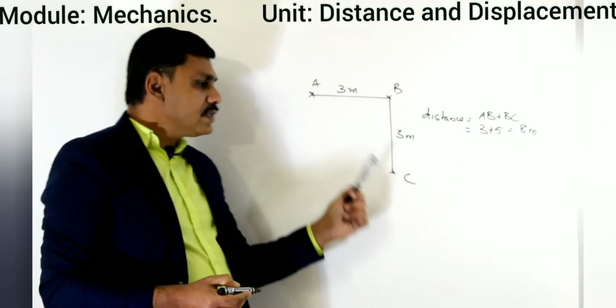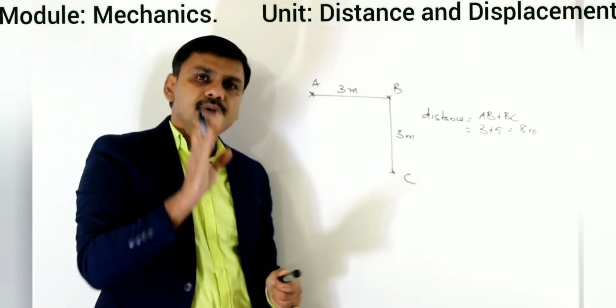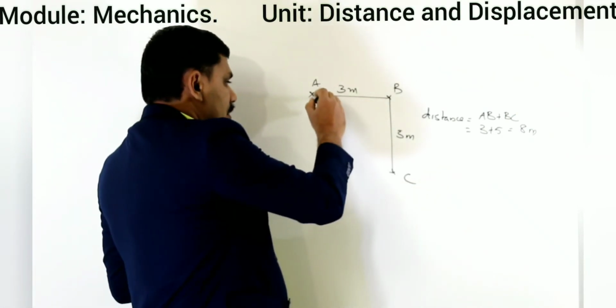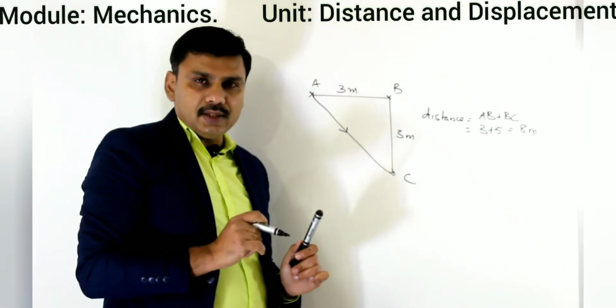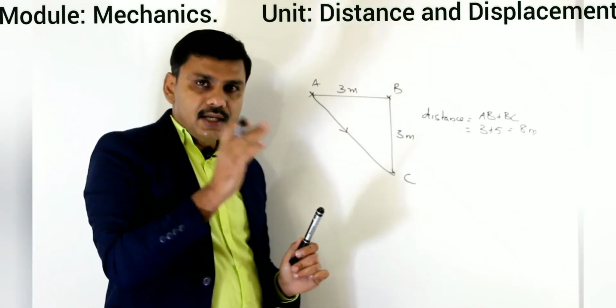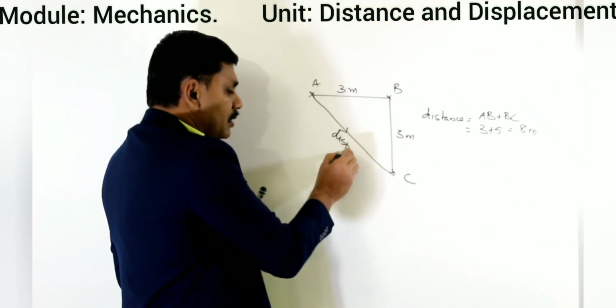But in order to reach C, there is a straight path with the minimum distance. So that gives displacement. This is the shortest path to reach C from A, and that will be the displacement.